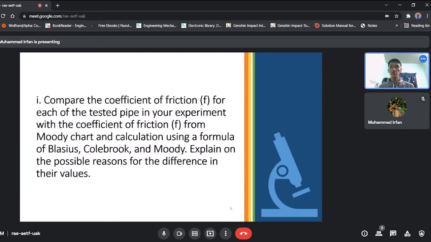The first topic to discuss is to compare the coefficient of friction for each of the tested pipes in your experiment with the coefficient of friction from the Moody chart and the calculation using the formulas of Blasius, Colebrook and Moody. Explain the possible reasons for the difference in their values.